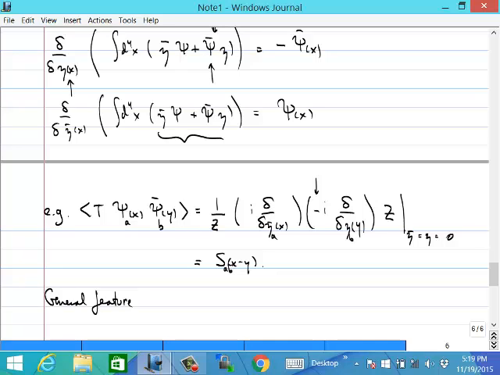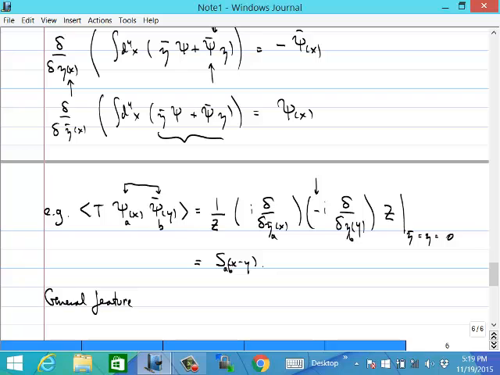You could then ask, what would happen if I wanted to compute a generating function where I put the psi and the psi bar in the opposite order? You would expect that because these are anti-commuting variables, you would get a relative minus sign.